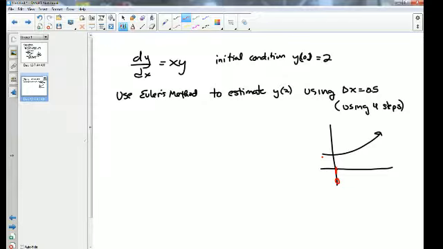Well, Euler's method is linear, but it recalculates the slope in this case every 0.5 units. So we're going to have a tangent line here, but at 0.5, we're going to recalculate the slope and have a new one. And at 1, because that's another 0.5 units, we're going to have another one.